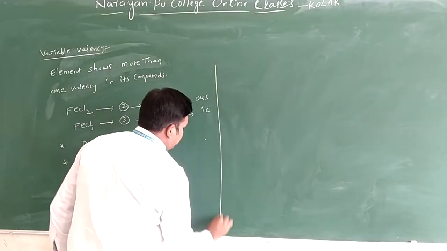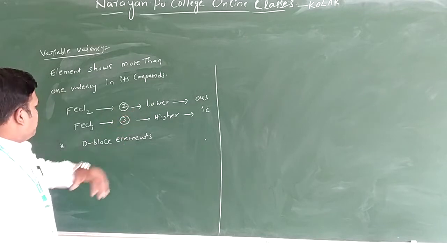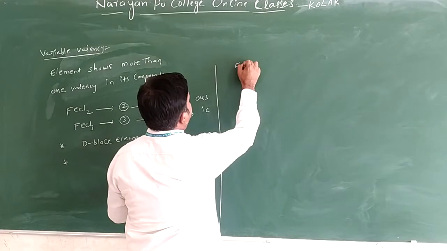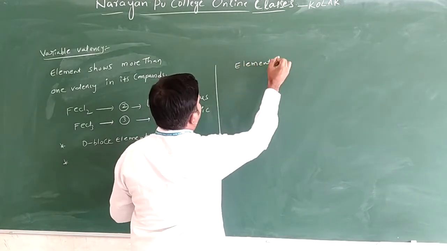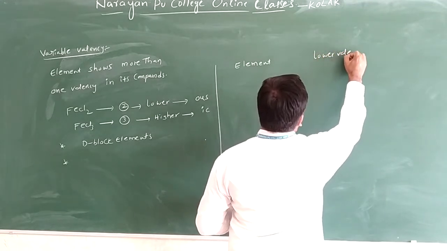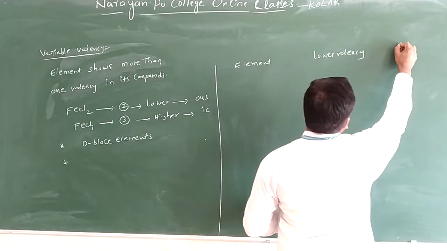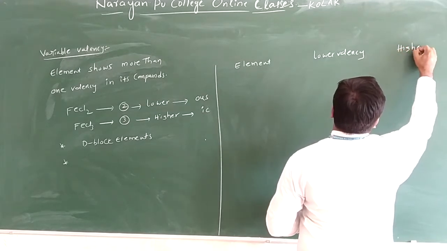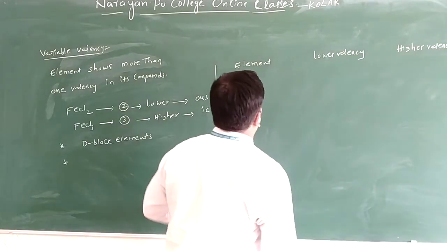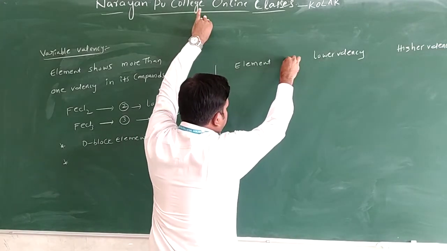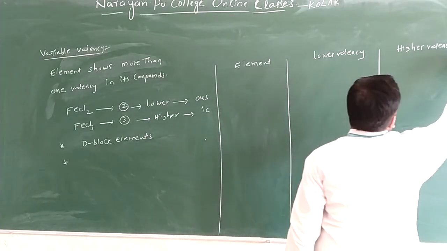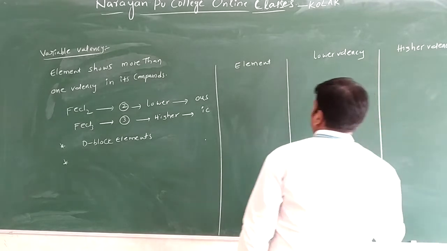Let us see one example. We draw a small table related to this variable valence. I am writing element, lower valency, and higher valency. Suppose the elements are iron, copper, silver, tin, and lead.